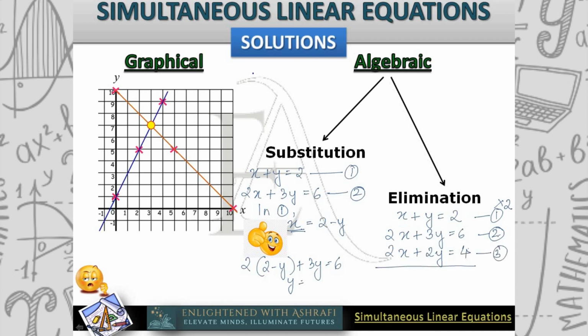Now if I subtract 3 from 2, my x gets cancelled and I get y equals 2. Now using this value of y, I can find the value of x. I can substitute either in equation 1 or equation 2. These are the two methods which you can use while solving simultaneous linear equations using algebraic methods.